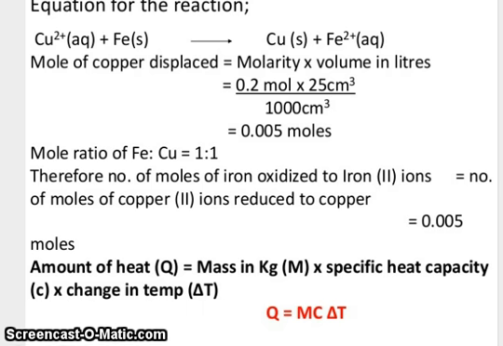Therefore, the number of moles of iron oxidized to iron 2 ions is equal to the number of moles of copper 2 ions reduced to copper, which is 0.005 moles. Amount of heat is equal to mass in kg times specific heat capacity times change in temperature. Q is equal to m c delta T.